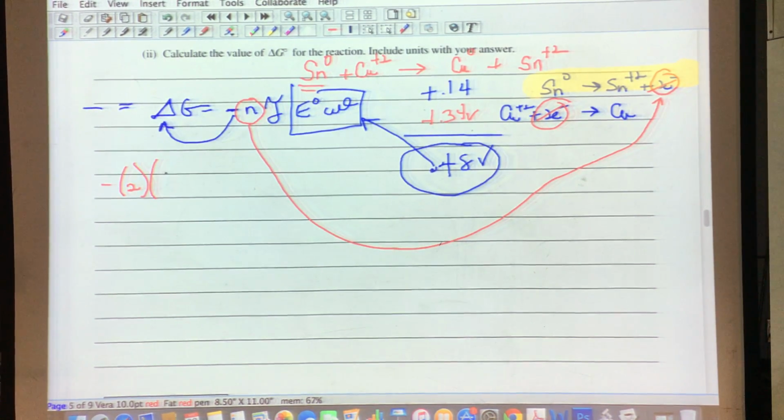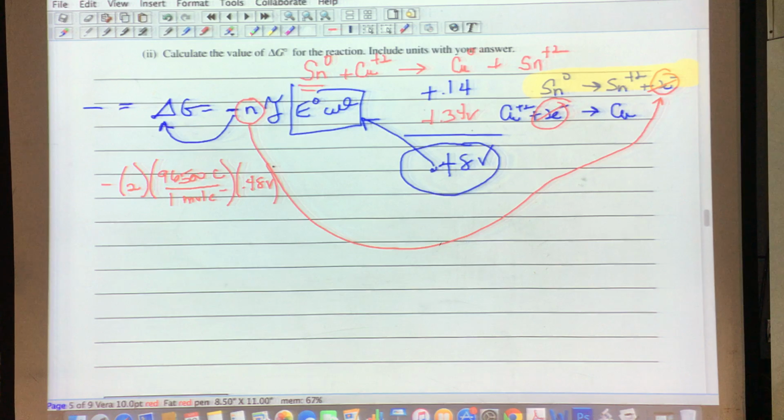Faraday's constant is what? 96,500? And that's coulombs per what? 1 mole of electrons. That's the charge. And then E0 cell we just got, which is 0.48 volts. Okay?